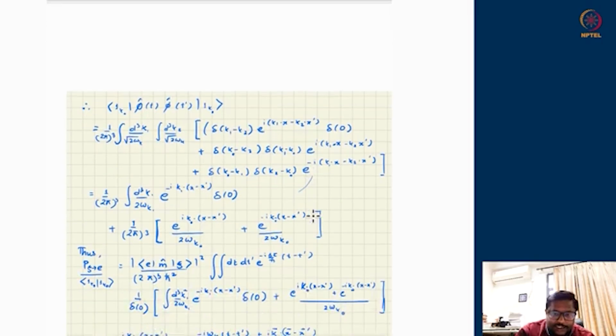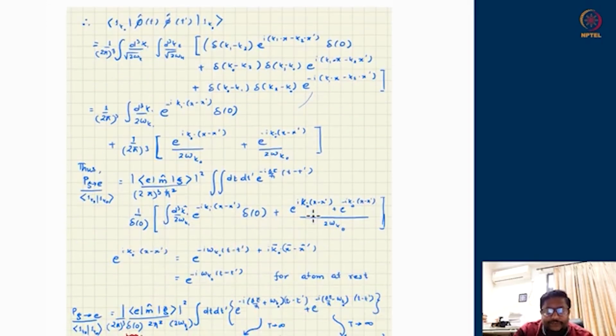Now since I have the integrations under control, at least for the 2-point correlator, I will do away with all the d3k integrals. So when I do the d3k2 integral, this delta function here will set that all the k2s in this term should be replaced by k1.